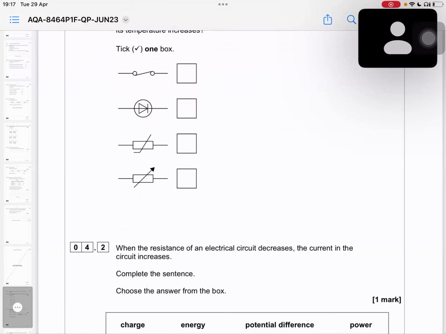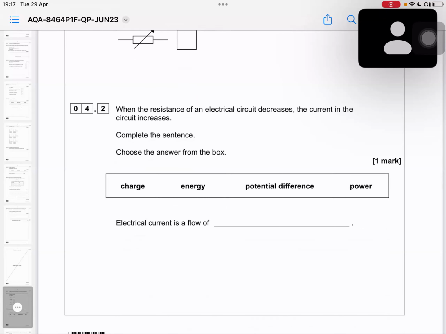Okay. So what does the next question say? When the resistance of an electrical circuit decreases, what happens? The current in the circuit increases, obviously. Current is like a measure of speed of your electrons. So when resistance to all those movements reduces, definitely the current will increase.